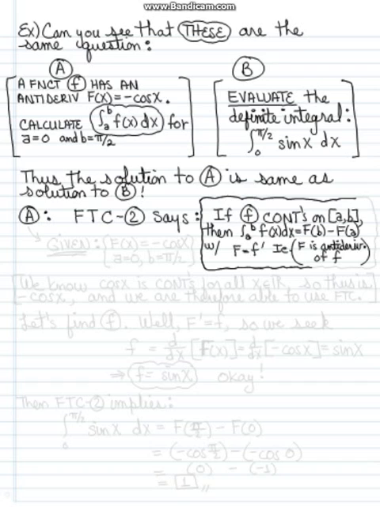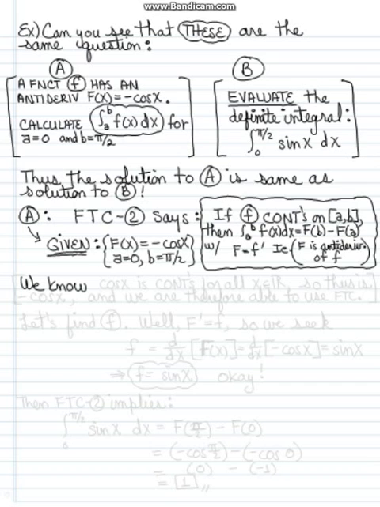So the integral of little f is equal to the antiderivative evaluated at the upper limit minus the evaluation at the lower limit. Okay, so what are we given in part A? We're given that the antiderivative capital F is negative cosine x, A is 0, and B is pi over 2.